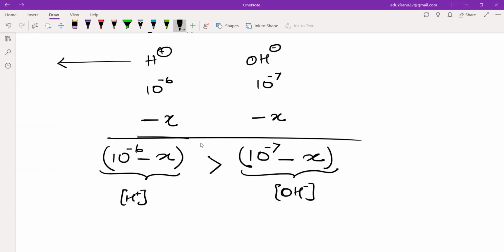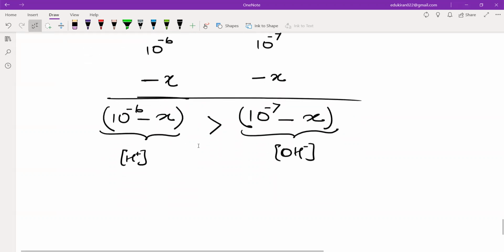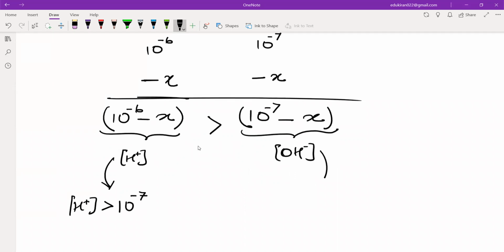Now we can see that the concentration of H plus is greater than 10 to the power minus 7. Yes or no? The concentration of OH negative is less than 10 to the power minus 7. Yes or no, guys?